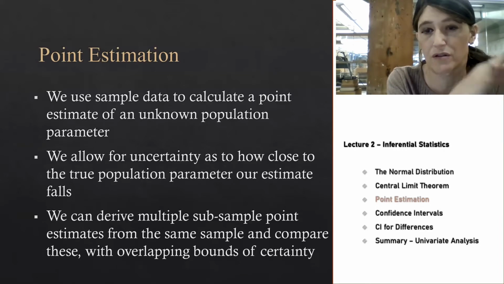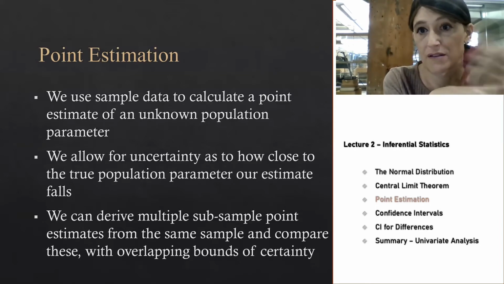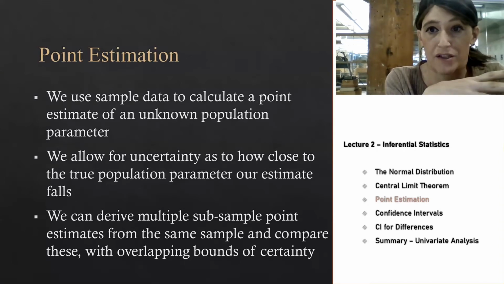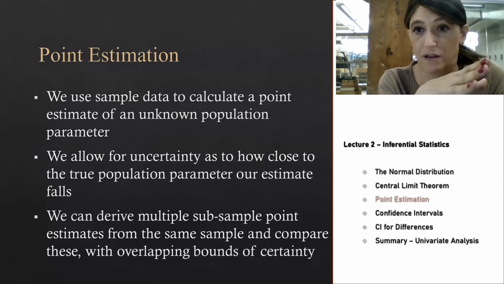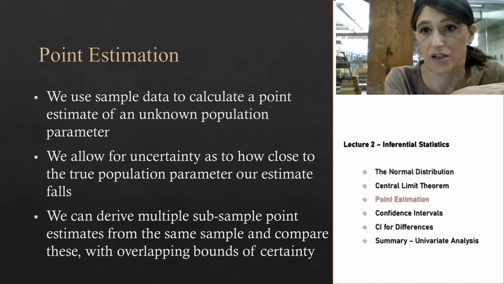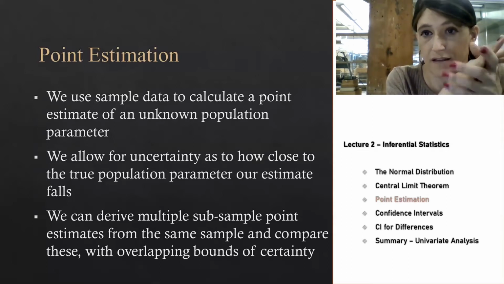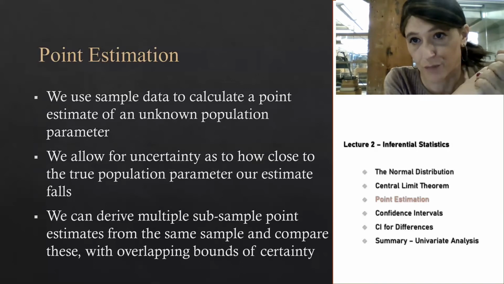We can also derive multiple subsample estimates from the same sample. Let's say I wanted to ask, is there a difference between men and women, or boys and girls, in terms of the average age of presentation for some disease or whatever it is I'm interested in? I could also create confidence intervals around those subgroups.